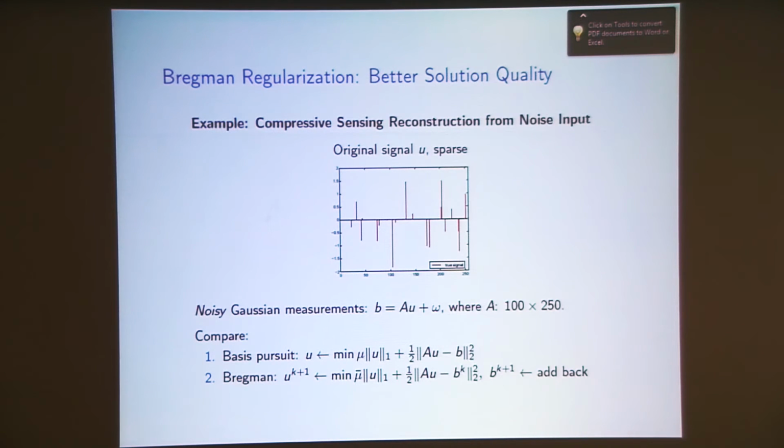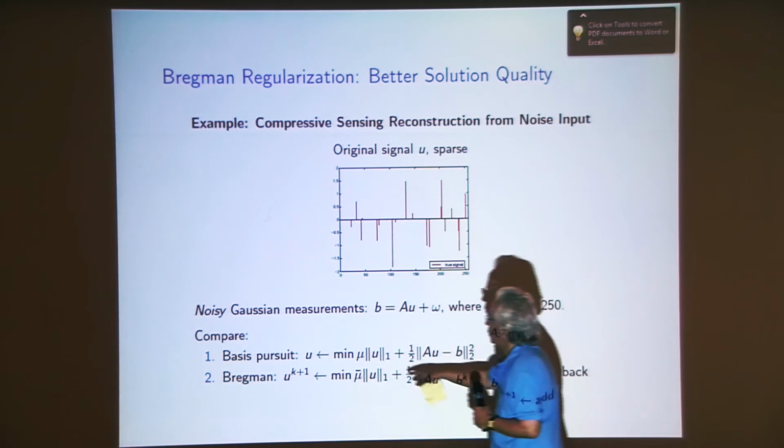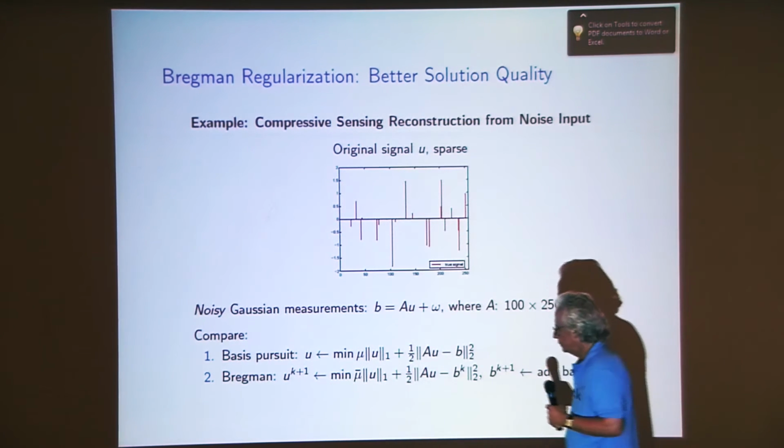Okay. So here are some examples. Here is a very simple case. The sparsity is pretty low. We have about 10 or 15 non-zero elements there. The original system is sparse. If you take the original basis pursuit problem, you minimize the L1 norm of u plus this penalty term.